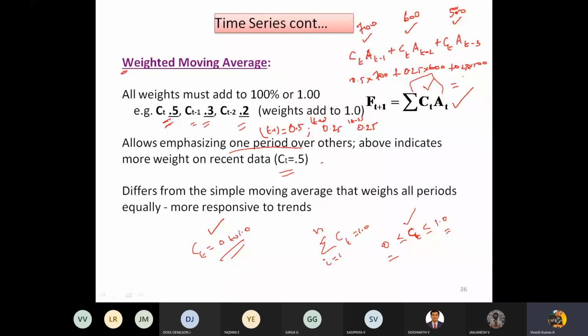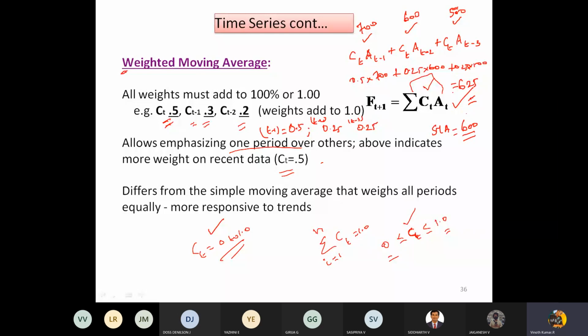So by using the weighted moving average method, you are getting January month sales as 625. With the help of the simple moving average method, what value did you get? It is 600, I think, right? So with the SMA method, the forecasting sales in the month of January is 600.